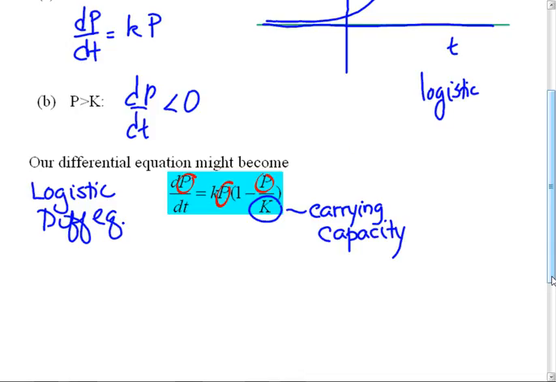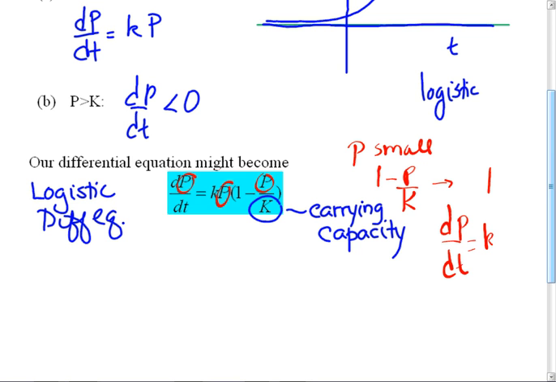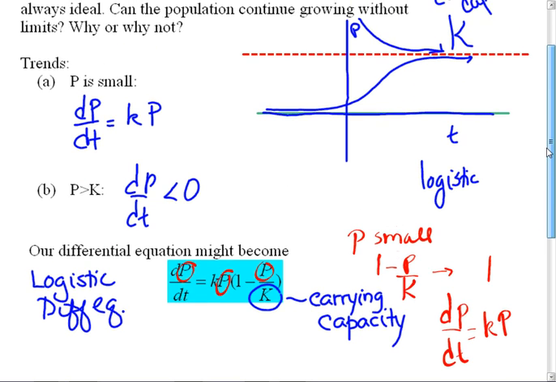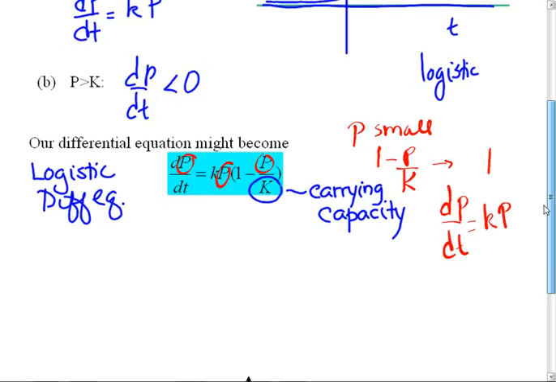So now, if P is small, what happens to this 1 minus P over K? If P is small, this is approximately equal to what? It's 1. So I do get dP/dt is equal to kP. I do get that, which was my first condition. What if P is bigger than K?